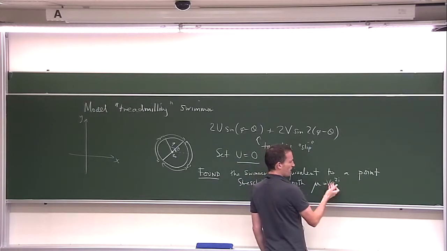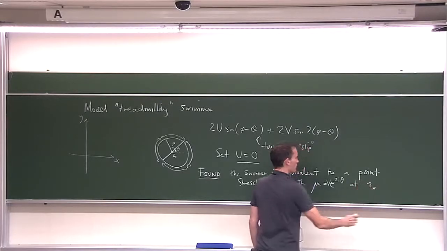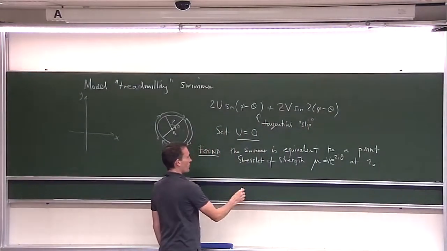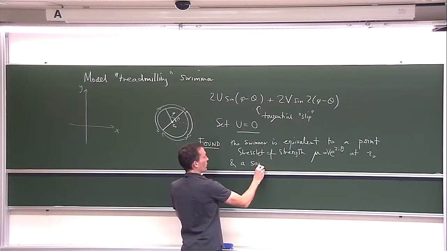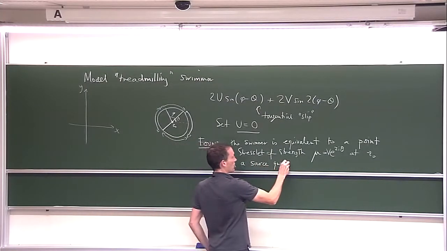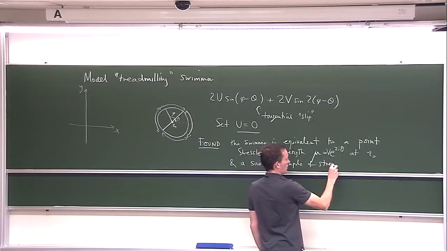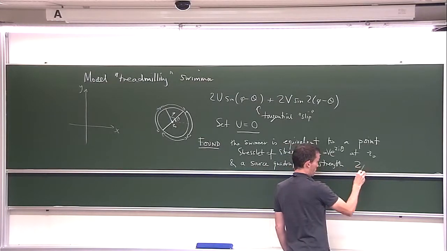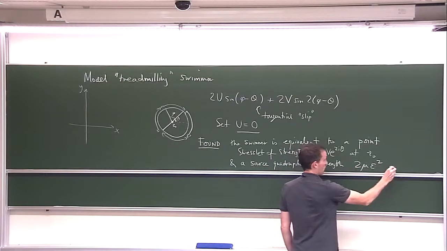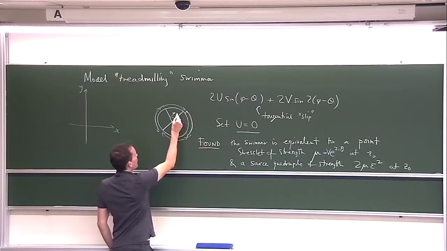Well, there's a v there, but I set it equal to 1. And a source quadrupole, strength, I think it was 2 mu epsilon squared, where epsilon is basically some parameter that you can think of as the radius.